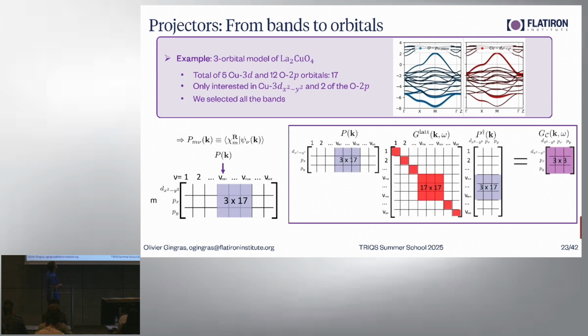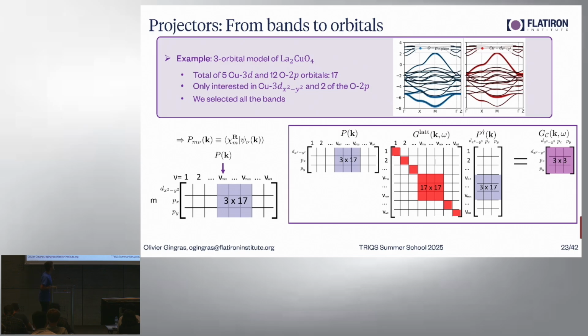And now, if I want to compute something like my Green's function in this local orbital basis, rather than starting from the one on the lattice, then I would apply something like P G P dagger to get the new G. Right? This is one of the important steps that we are going to do in DMFT. So we really just project to this sector of bands and do the linear transformation, and in the end we get something in the orbital basis.